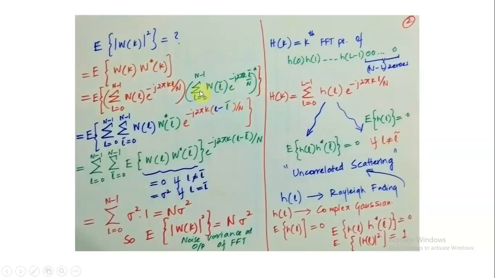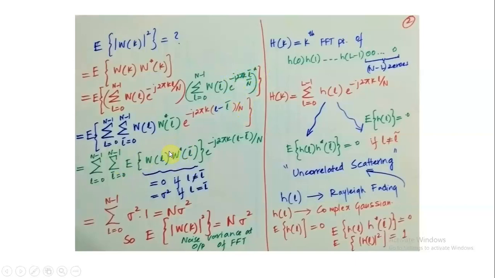So when we multiply these, wl into w conjugate l dash is on one side, we take the sums together, and then we have these two exponentials in which we can sum e to the power minus j 2 pi k l minus l dash divided by n, because this conjugate converts this negative into positive.